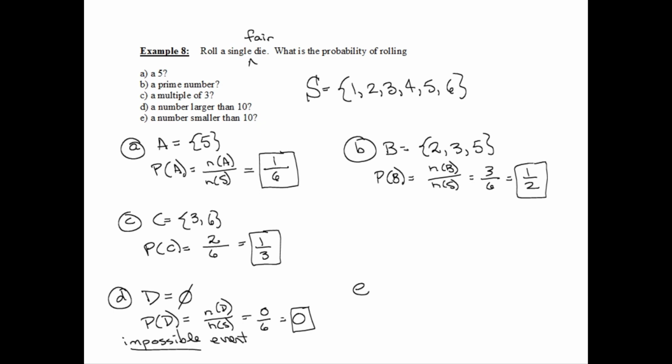Okay, let's look at the next one. A number smaller than 10. So what numbers in our sample space qualify as being smaller than 10? Well, all of them are smaller than 10, right? So what is our probability?